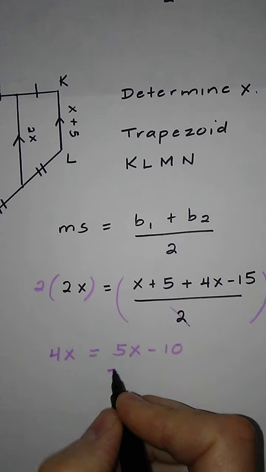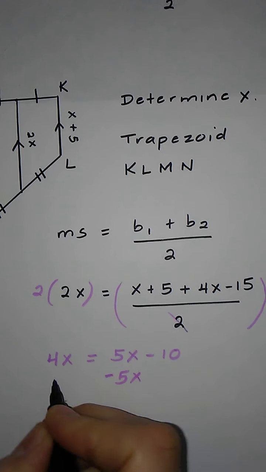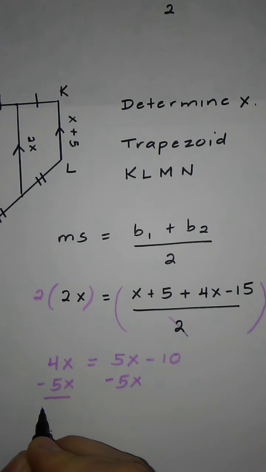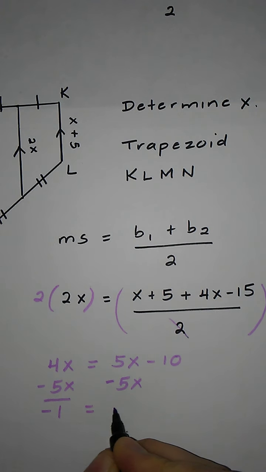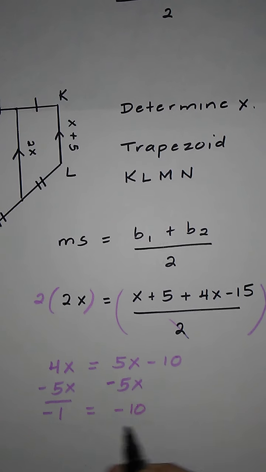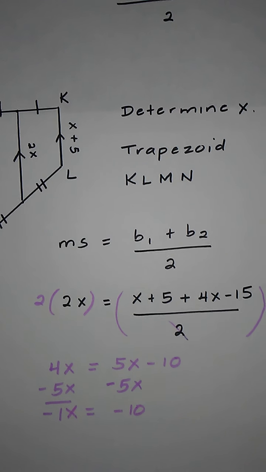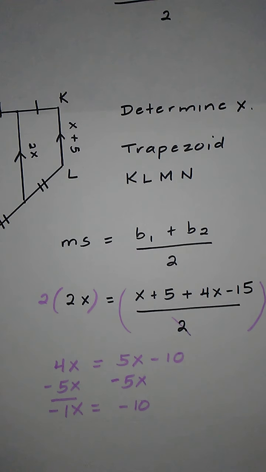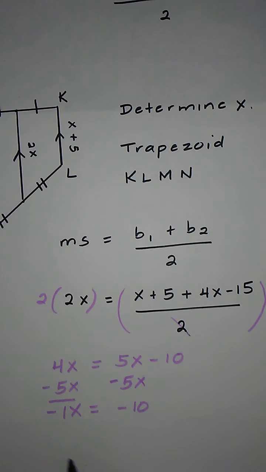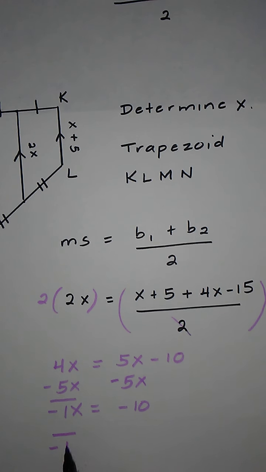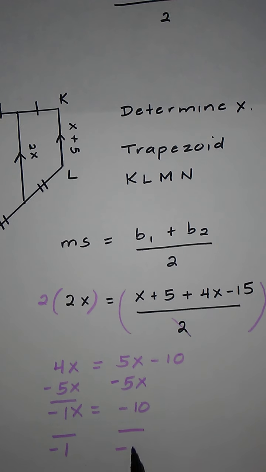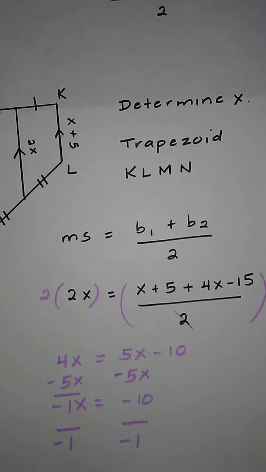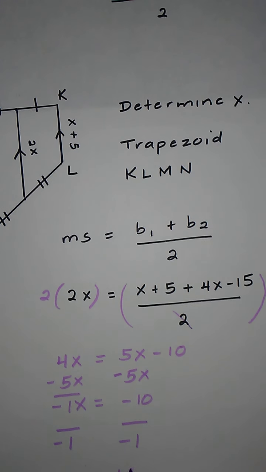Continuing solving, I'm going to undo this 5x. And then I'm dividing by -1. So x is 10.